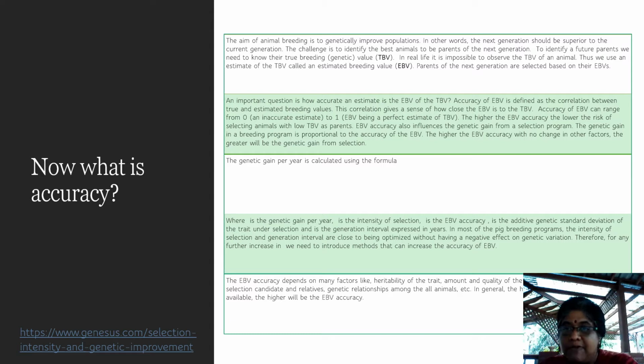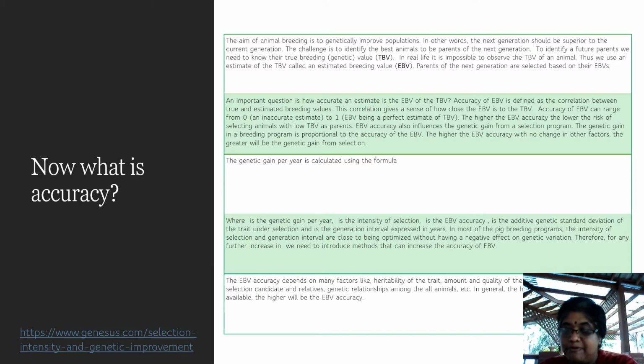The accuracy of EBV is defined as the correlation between the true and estimated breeding values. The correlation shows how close EBV is to the true breeding value. If the correlation is 1, then it's a perfect estimate.